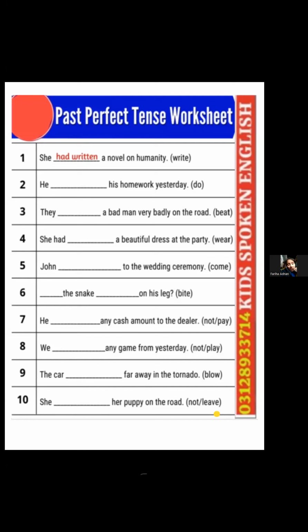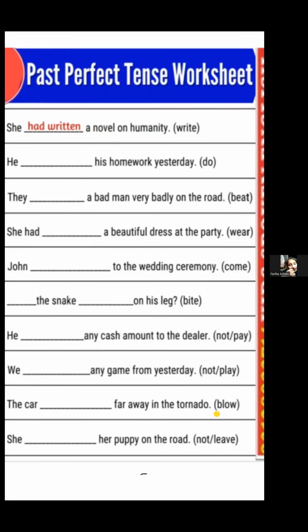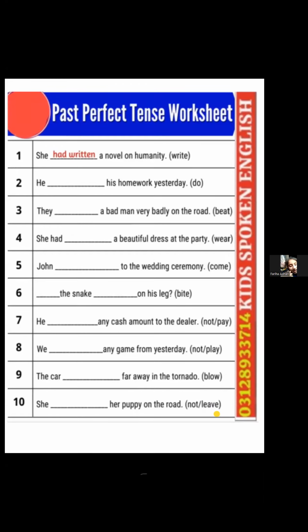Ma'am, screen is not visible. Okay, check it now. Yes, ma'am, visible. The car dash far away in the Toronto. Blow is the option. The car had blown far away in the Toronto. Perfect, dear. Hafsa, very well done.